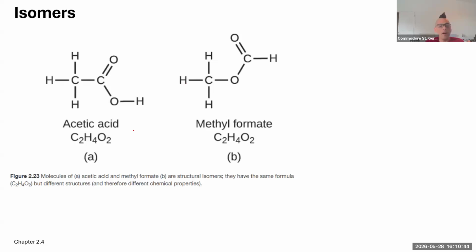All right. And you have other formulas that are the same that are arranged different, right? Acetic acid, which is the same thing, vinegar, C2H4O2, and methyl formate, C2H4O2. They're different things, right? Vinegar tastes good in some sauces and some soups. Methyl formate is probably toxic.